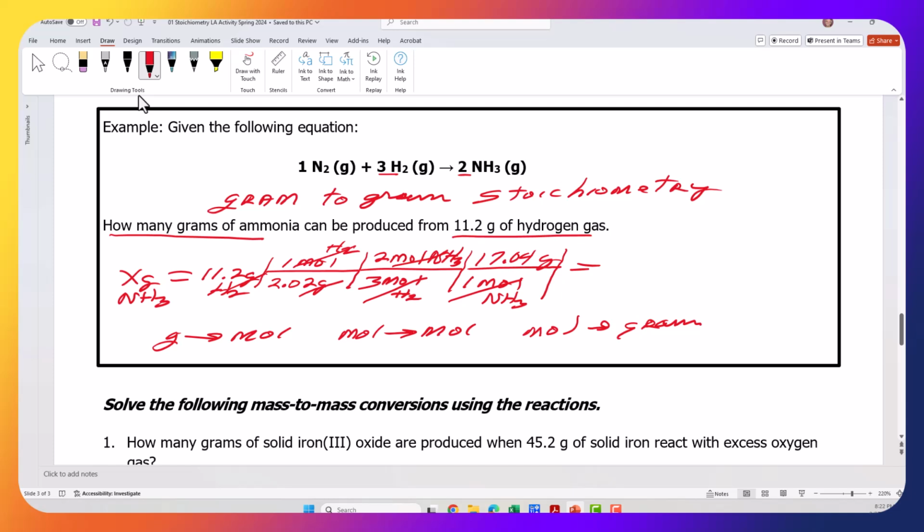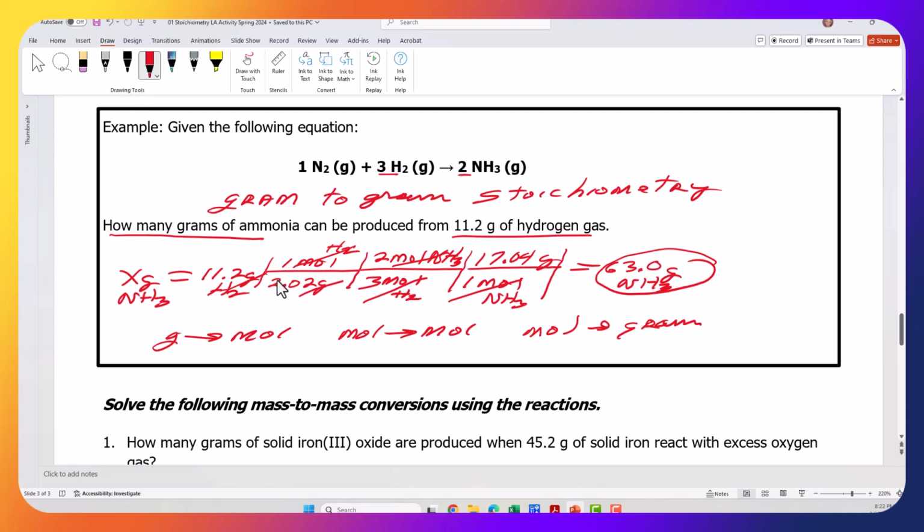And that gives me 62.986. Let's see, how many sig figs? 3. I'm going to call that 63.0 grams of NH3. And that would be my answer for that part.